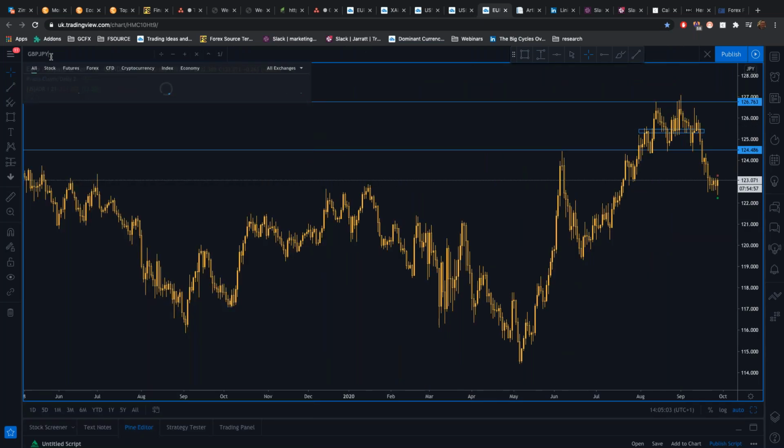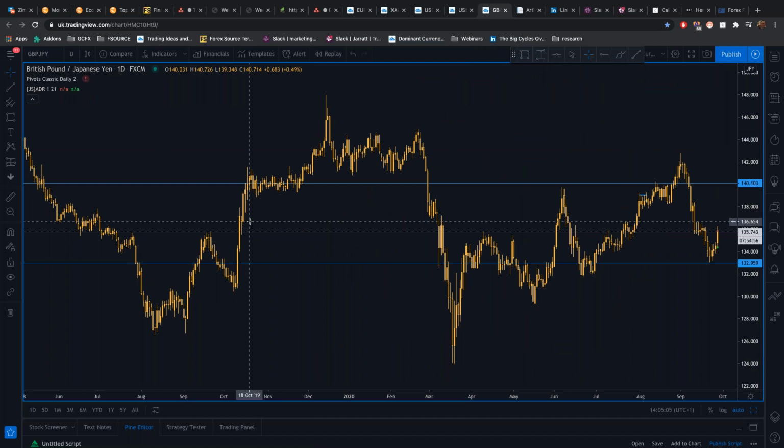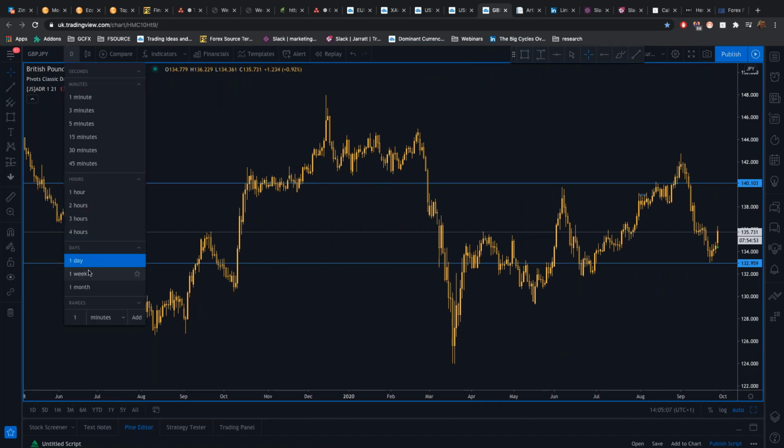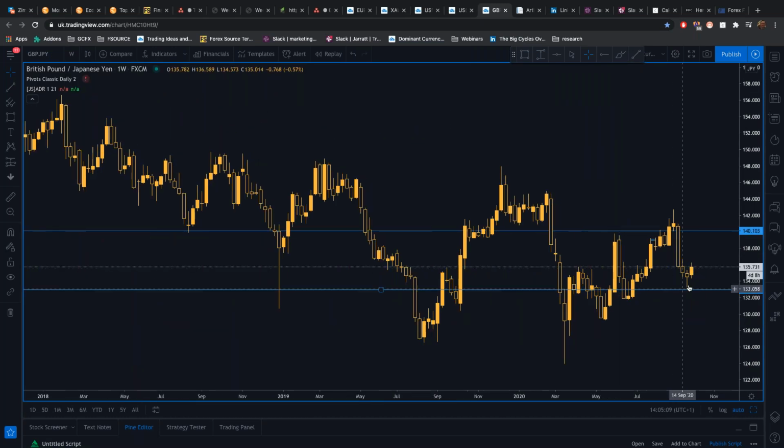Okay, so the bias for the pound yen is to the downside for the same reasons, because we've got rising COVID-19 cases in the UK, the end of the UK job furlough scheme in October. We've got headwinds for the UK economy.